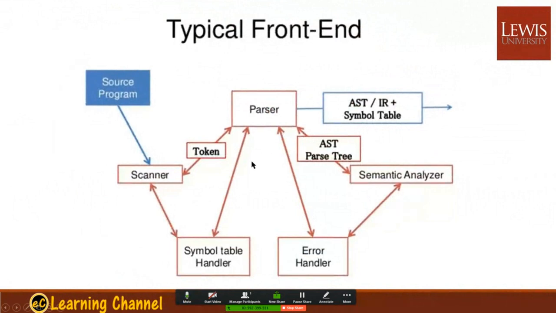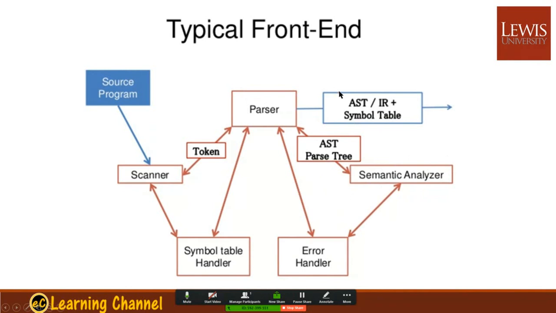So the typical front end has a source program, uses the scanner to generate the tokens, and then a parser to parse them into a syntax tree. And then it may have an error handler and the parser, and then you use this semantic analyzer. So in this section, we are mainly on this error handler and semantic analyzer.